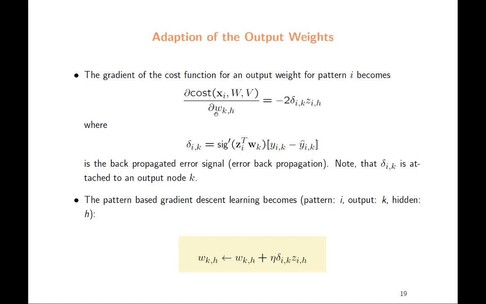It turns out this gradient can be written in this form. It's -2 times this delta term times this z term. And i is the index of the input pattern, so this is for input pattern i, and k is the index of the output.